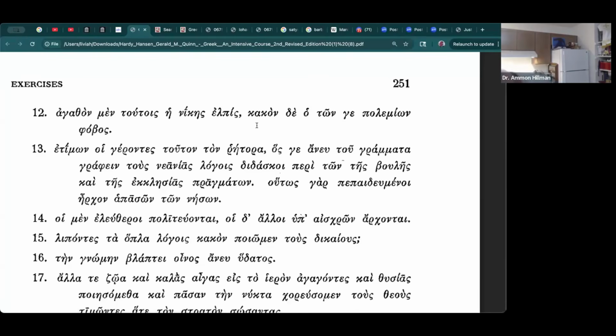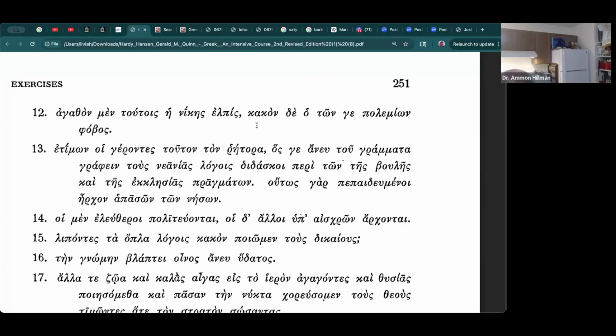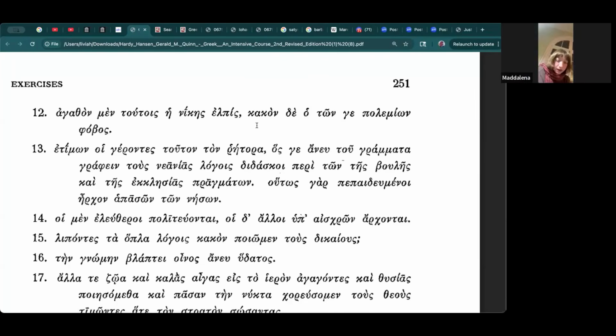So you have to try it. With this, with them. With those masculine plural things, right?